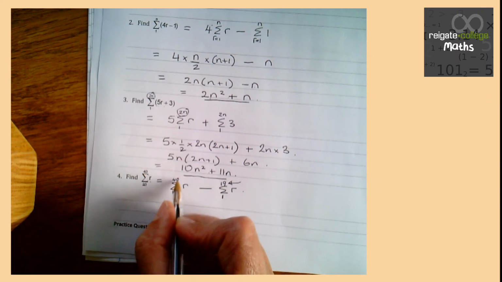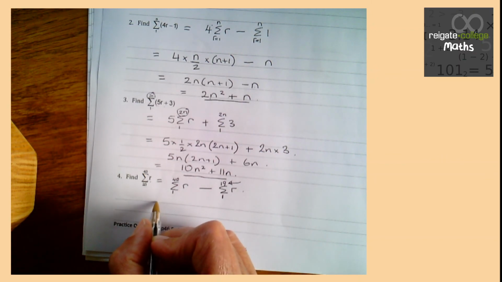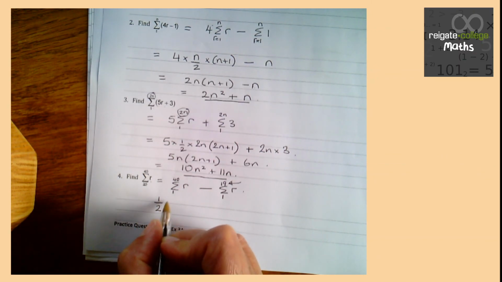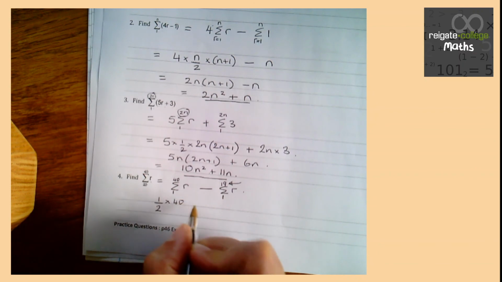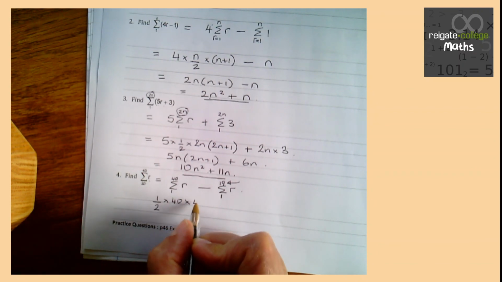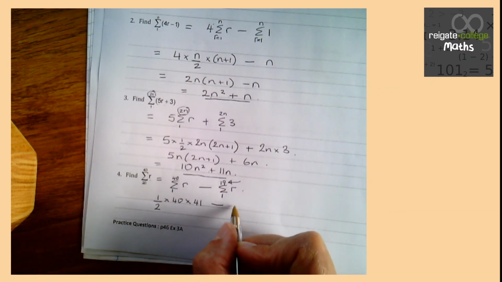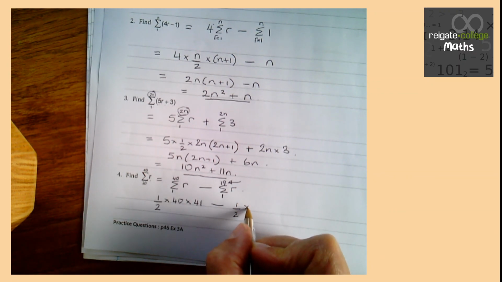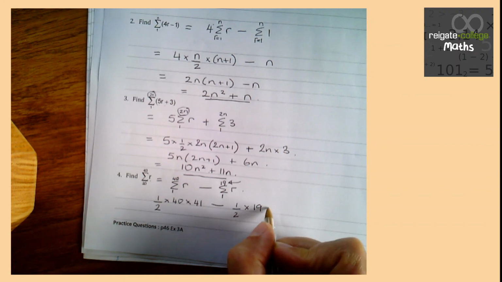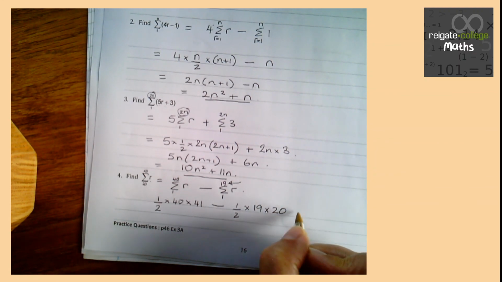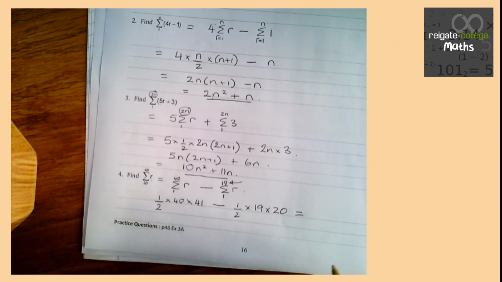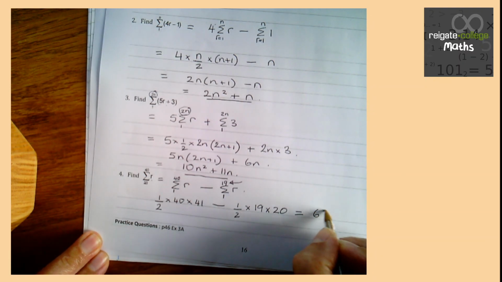So we want the sum from 1 to 40, which is a half multiplied by 40 multiplied by 41, take away the sum up to 19, which is a half multiplied by 19 multiplied by 20. And when you work that out, possibly using a calculator, you get 630.